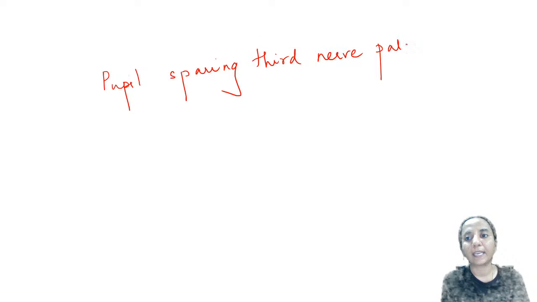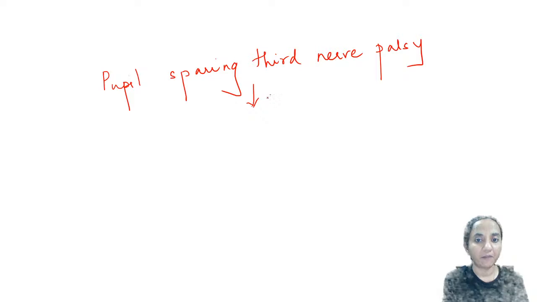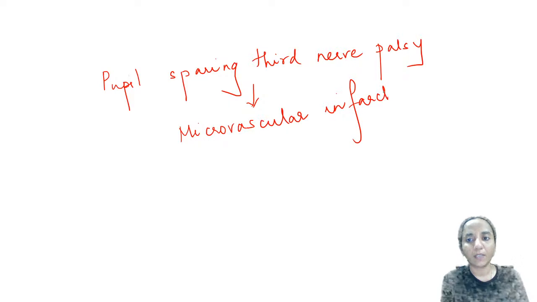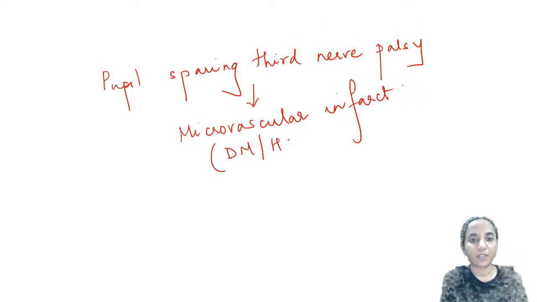This is seen in case of microvascular infarcts, which is seen in case of say diabetes, hypertension, etc. If there is a microvascular infarct due to say diabetes, hypertension, etc., then you will get a pupil sparing third nerve palsy, right?